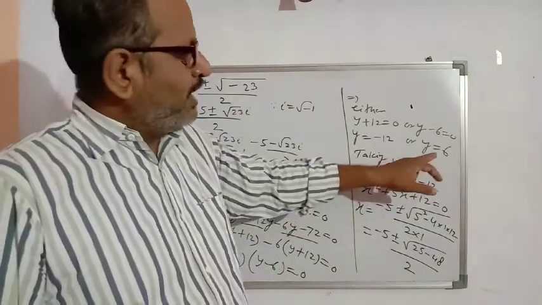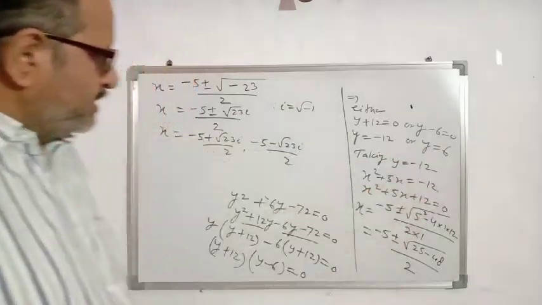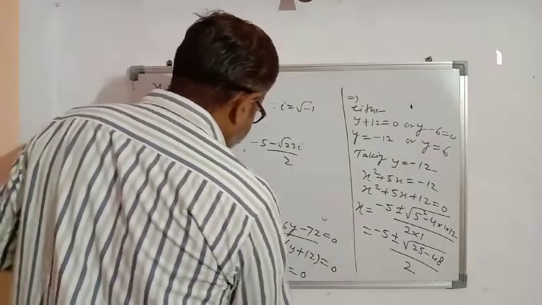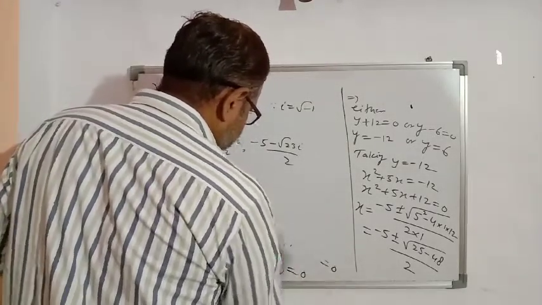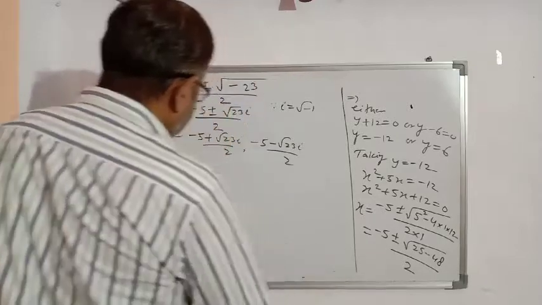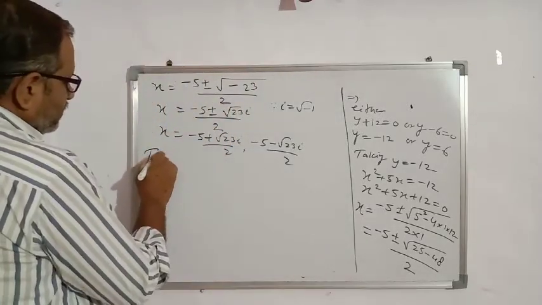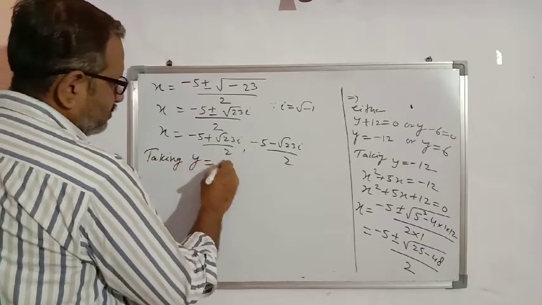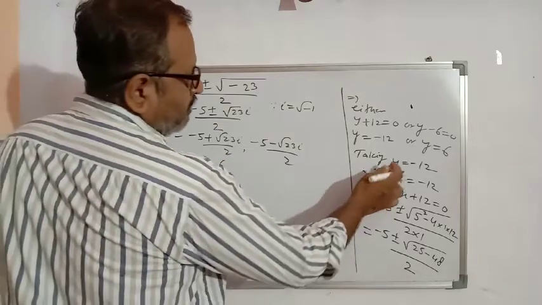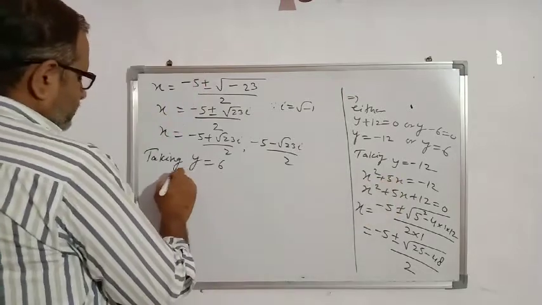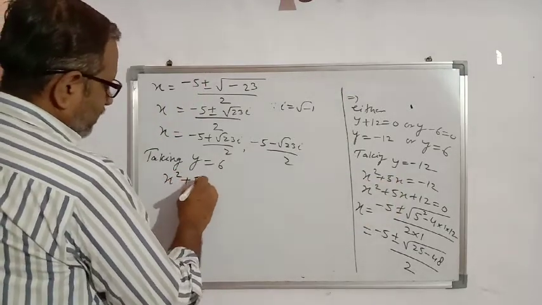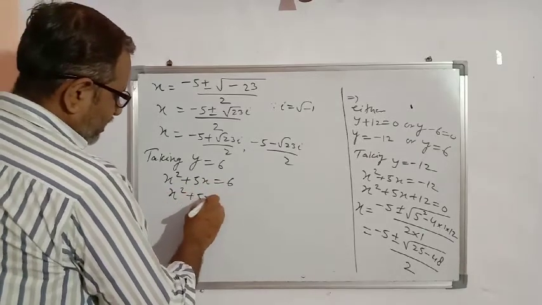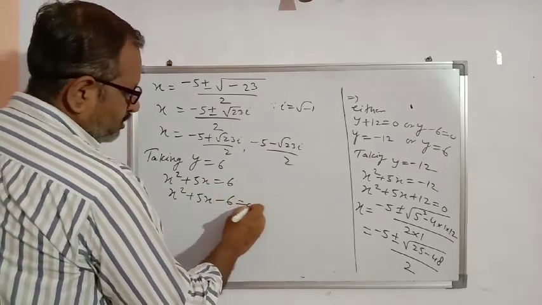Next time we will take y is equal to 6. What is the value of y? x square plus 5x is equal to 6. Transposing 6, x square plus 5x minus 6 is equal to 0.